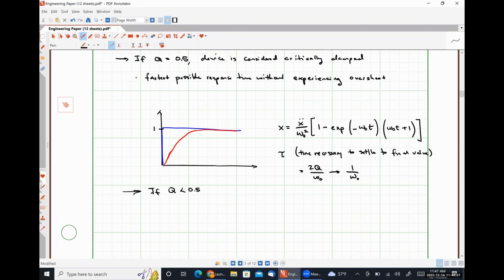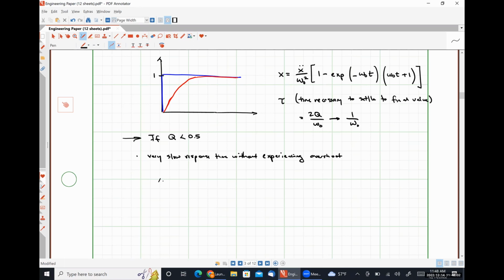So in an overdamped system, we have a slow response time without experiencing overshoot.